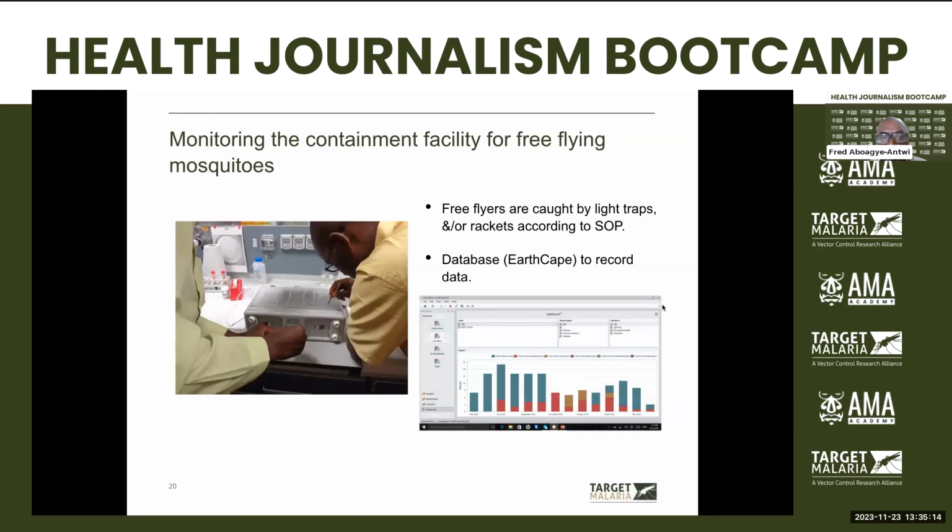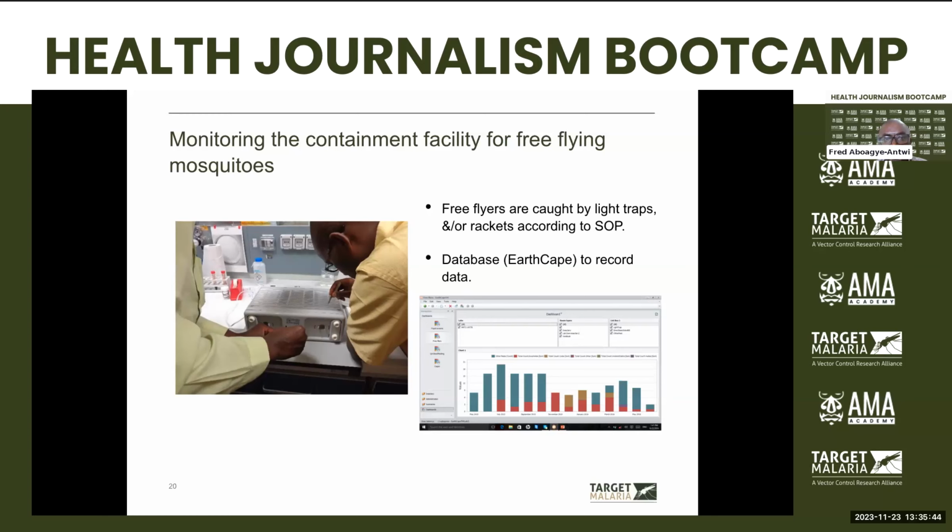And so with the monitoring of the facility, one of the biosafety measures is to ensure that no mosquito escapes. And as I did mention before, all these facilities are containment facilities, which are built to the highest standards to ensure that no mosquitoes get outside.